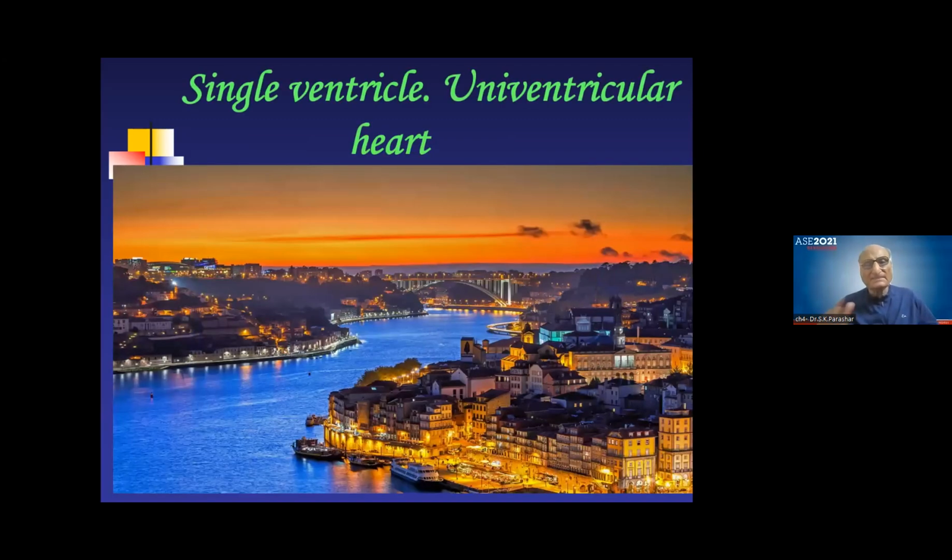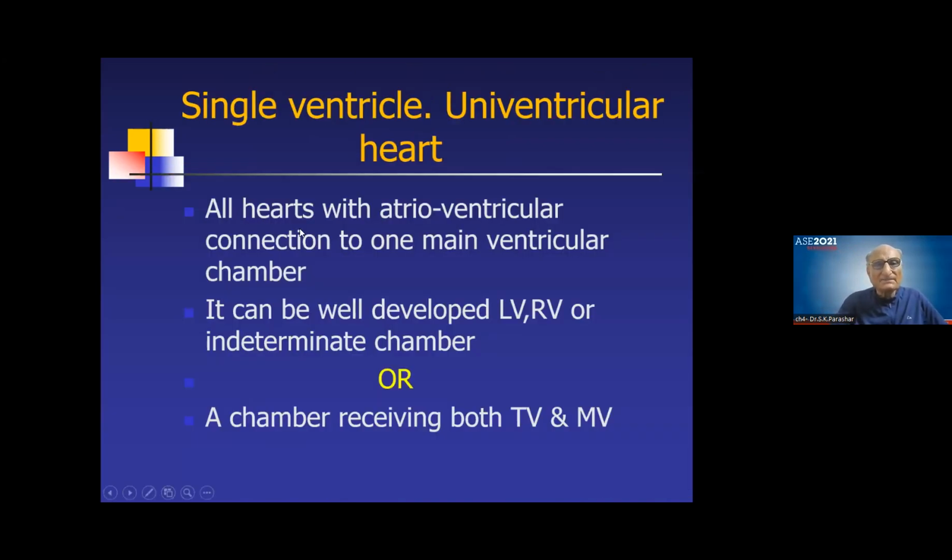Now, single ventricle. Because we will see some cases, I'll just show you one slide on what a single ventricle is. All hearts with both atrioventricular connections in one main ventricular chamber. There is one main ventricle receiving both tricuspid and mitral valves.